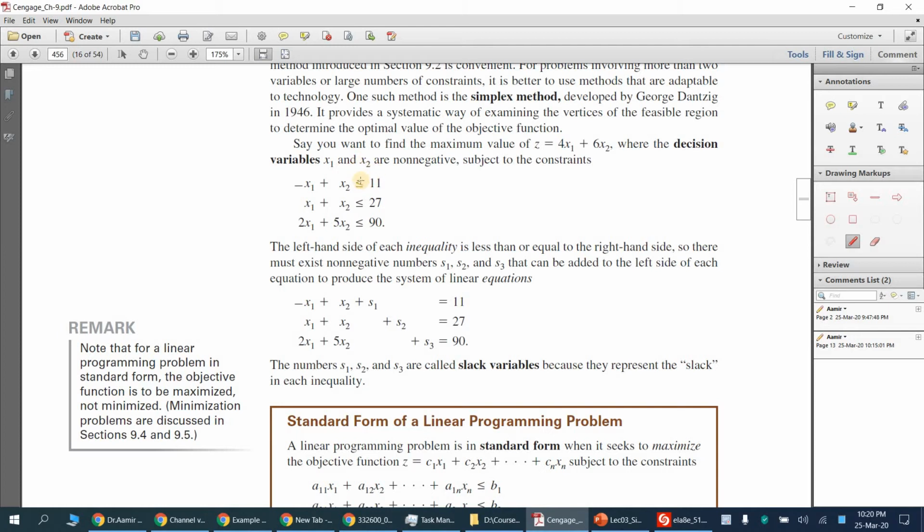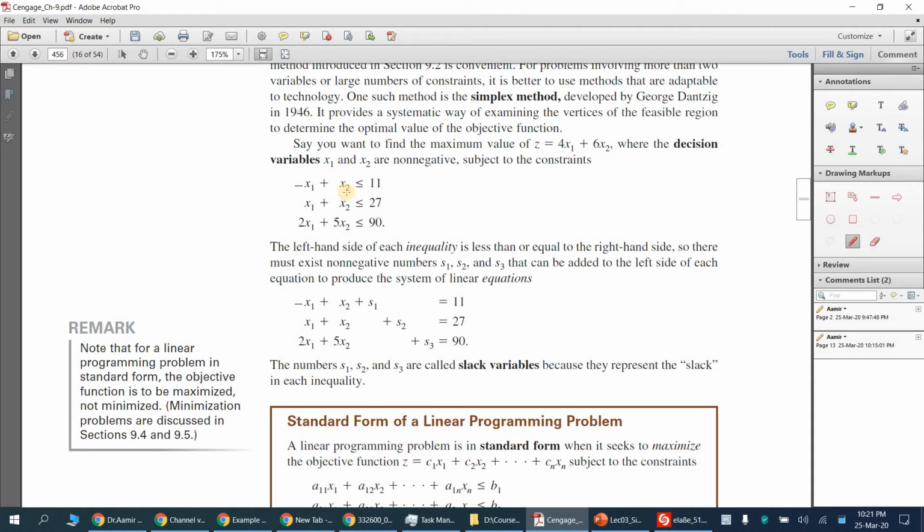Less than or equal to means that this side, minus x1 plus x2, may be equal to 11, or it can be less than 11. So it can be 4, 5, 6, up to 11. It can be 11, but not more than 11.